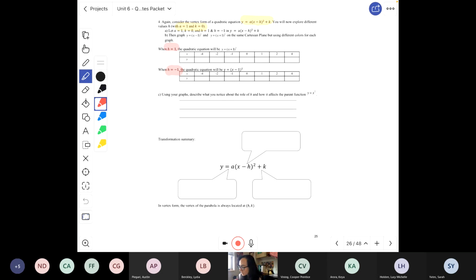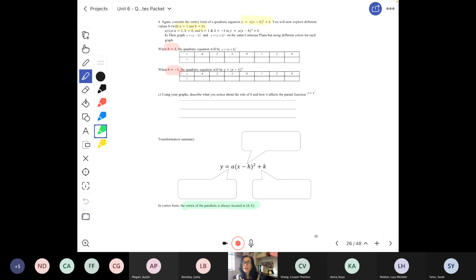Then you're going to put all of this together and be able to say what happens for different values of A in general, for different values of H, for different values of K. And then, of course, keep in mind that our vertex is always located at (h, k).